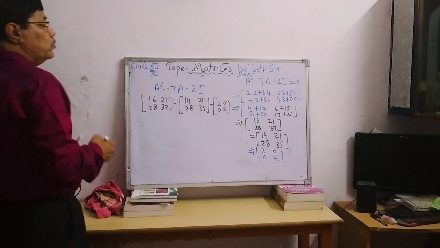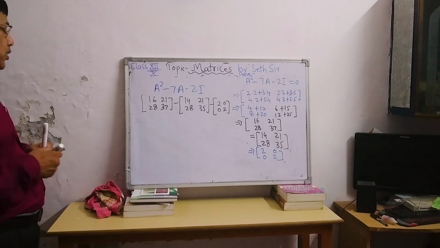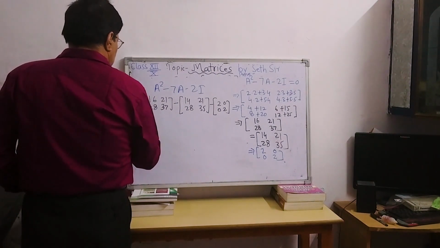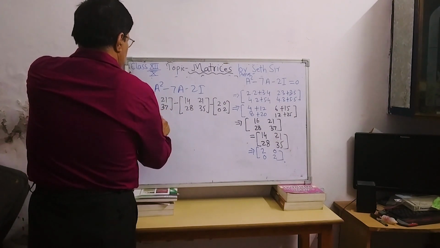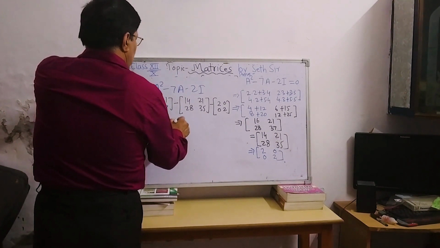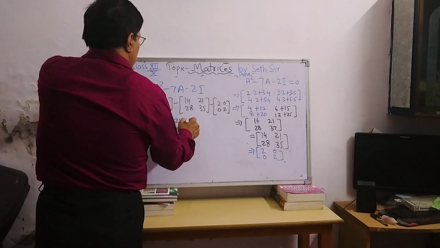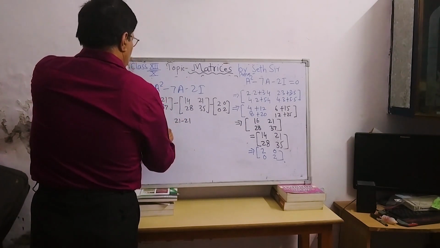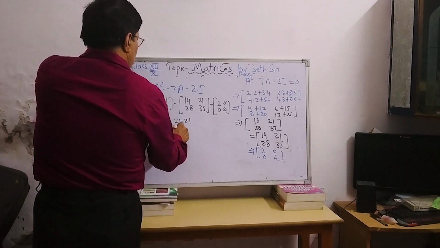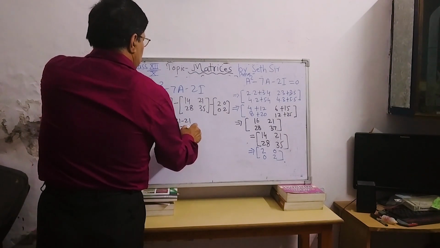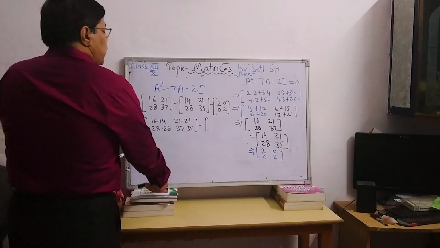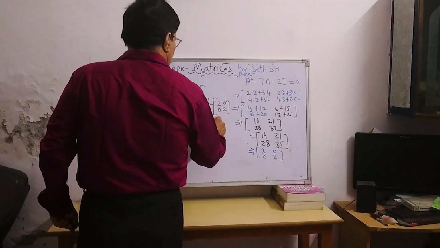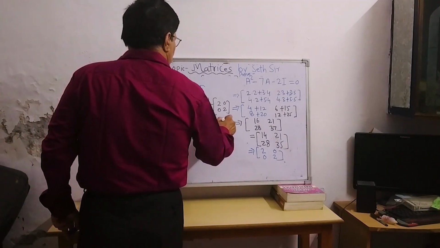Clear? Now do simple subtraction. Okay, children? How will you do it? Again, first solve these and this and this. So what will come? 16 minus 14, 21 minus 21, 28 minus 28, 37 minus 35. Write this in the same way: 2, 0, 0, 2. Clear?